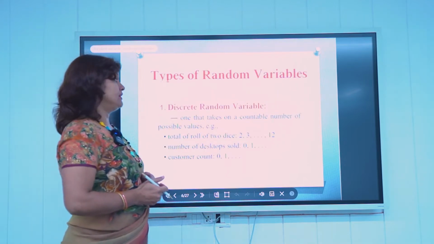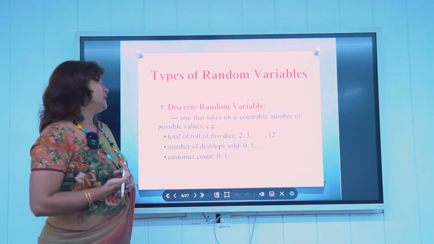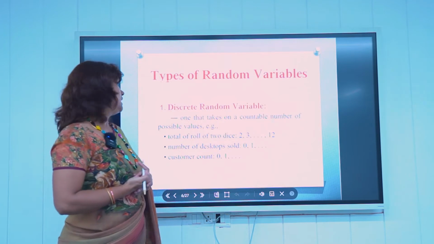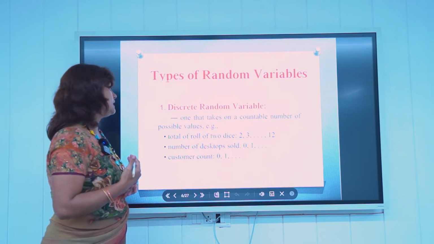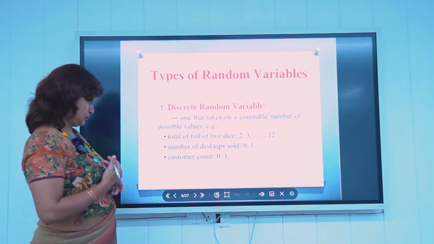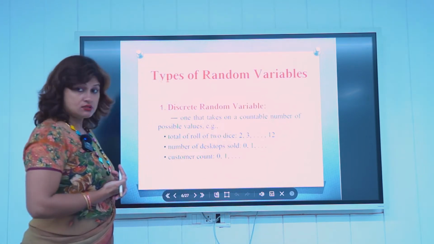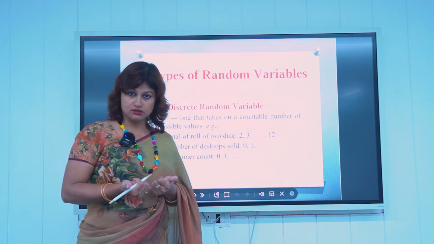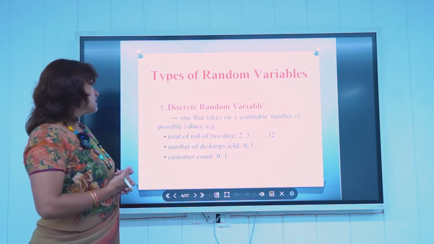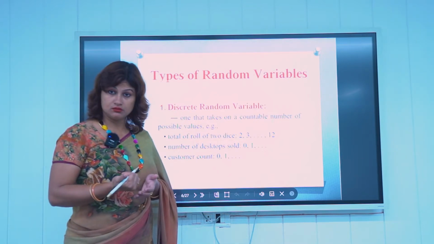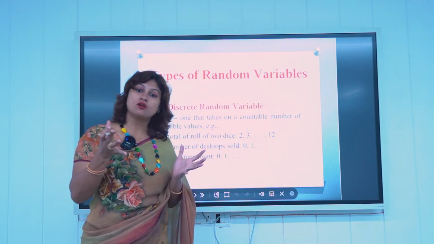Now, types of random variable. First of all, I am taking the discrete random variable. These take on a countable number of possible values, for example, the total of a roll of 2 dice, the number of desktops sold, either none is sold on a particular day, or it is 1, 2 and many, or the customer count in a store, where there is either a totally empty store or a big rush of customers.